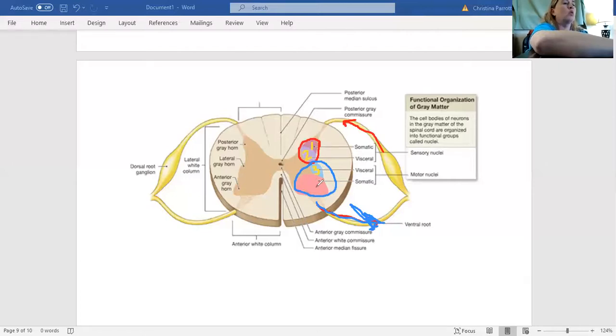And then number 4 here is going closer to the ventral root, so it's going to be your motor nuclei, and of the motor nuclei, it's going to be somatic. So it'll be somatic motor nuclei, okay? Usually you say the somatic and visceral first, and you say the sensory or motor second, okay? But be sure you can identify these from this drawing and from that model that we went over earlier.